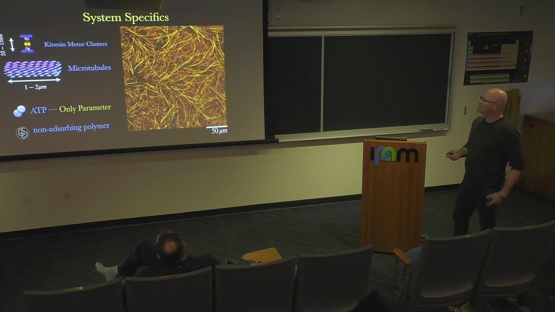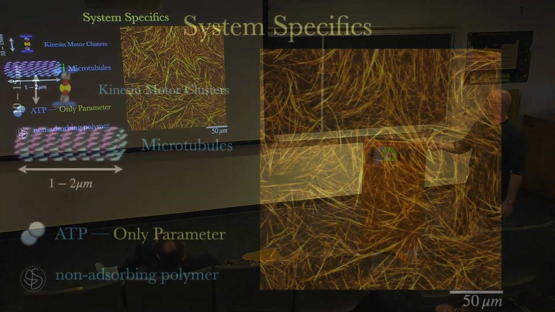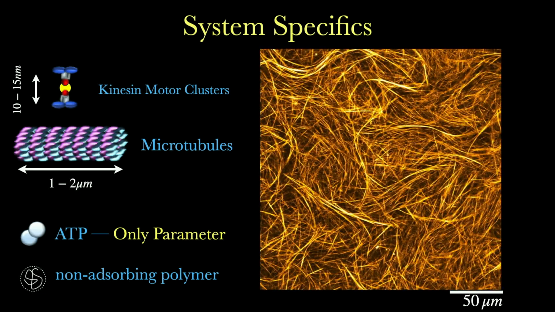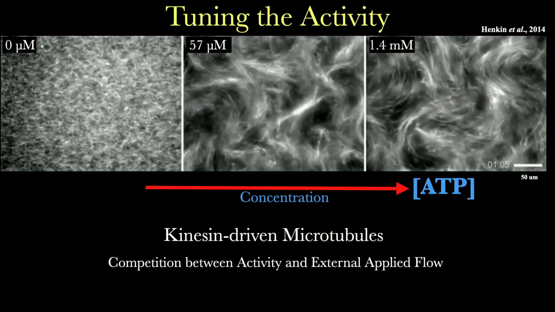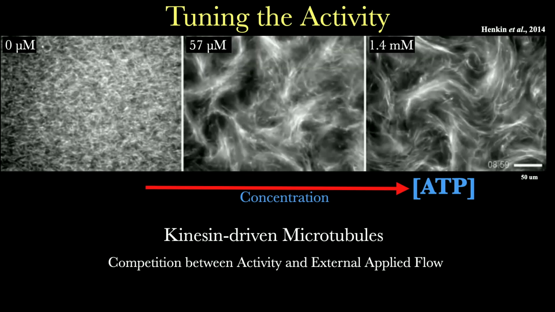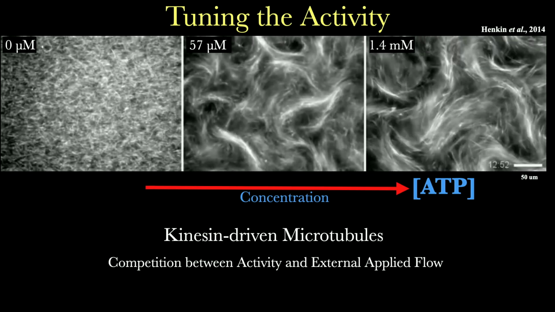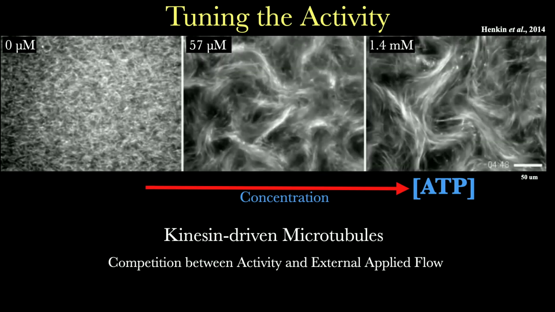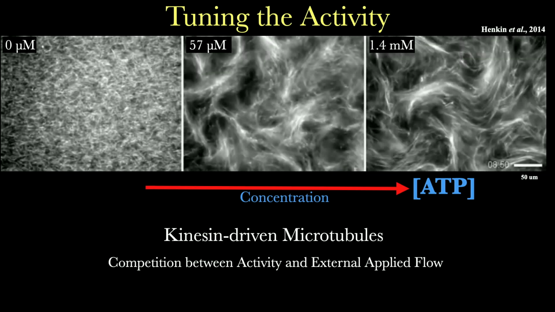Okay, so here it is at a slightly higher magnification. Again, these are the parameters, very simple stuff: microtubules, kinesins, ATP, that's the one knob we have, and this non-adsorbing polymer. What's cool is that as you change the ATP concentration, it goes from dead, rigor mortis, everything stuck like a biopolymer gel, to this swimmy spaghetti, to faster swimmy spaghetti.